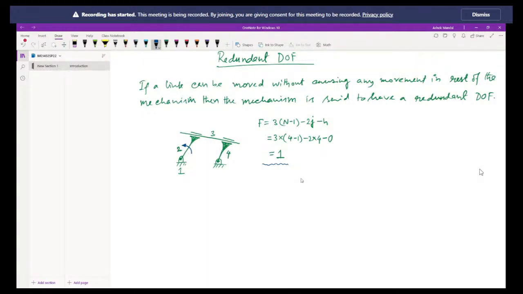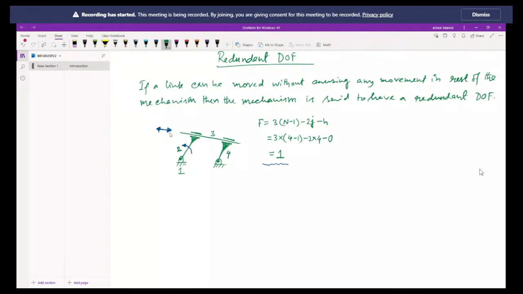You can see one thing: if you move link 3 in this direction, what will happen? Link 3 will move, right? Nobody is stopping link 3, because at this instant the slots at the end of link 2 and the end of link 4 are parallel to each other.